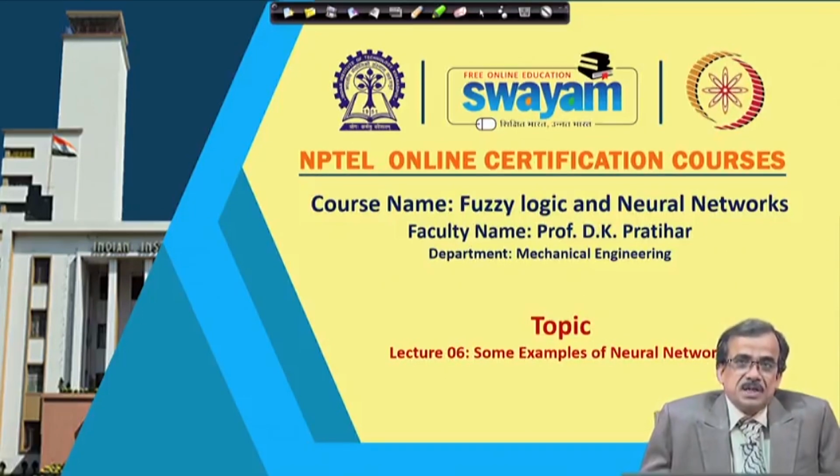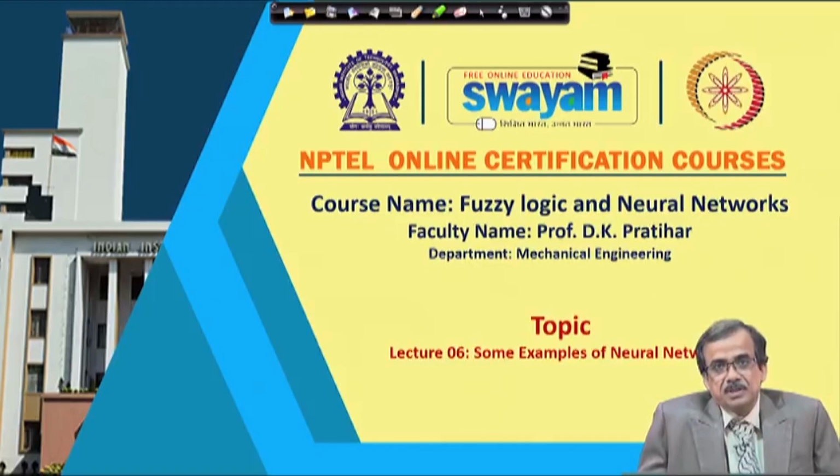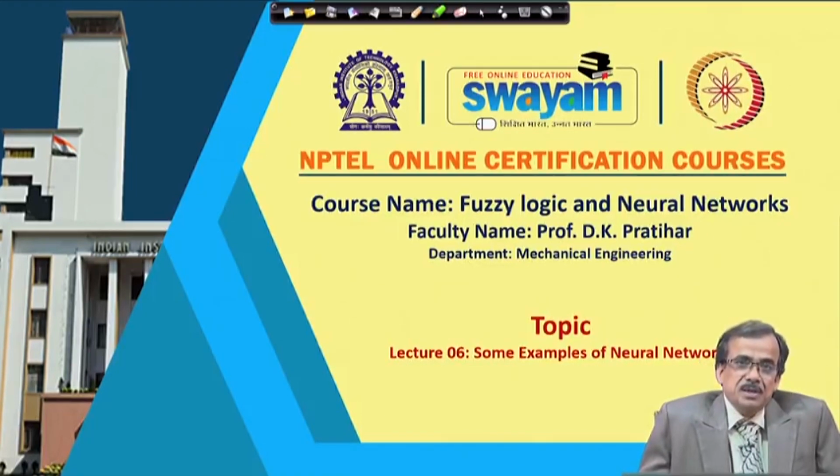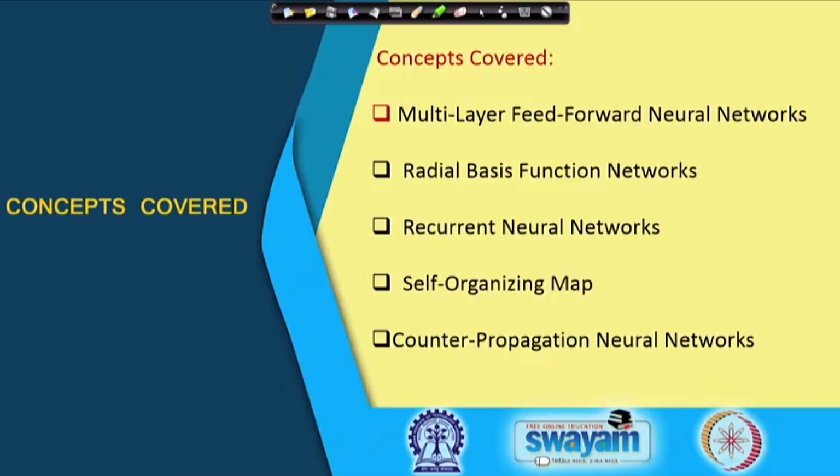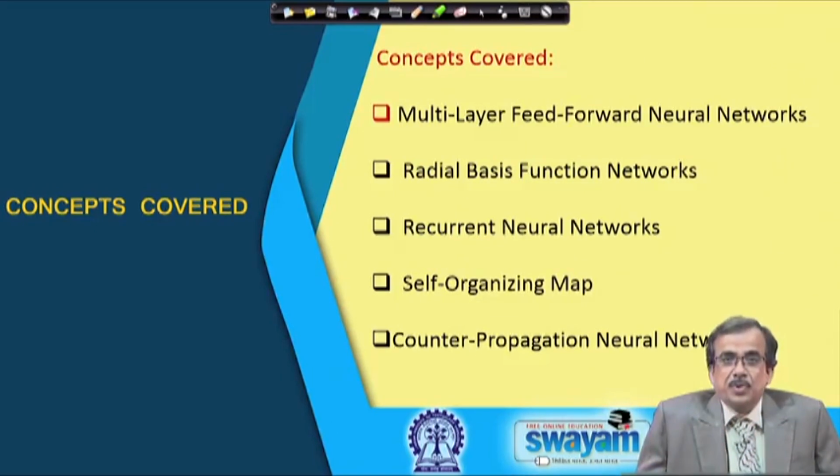We have also discussed how to form a layer of neurons, and we have also seen how to design a particular structure of artificial neural networks. Now, we are going to discuss some of the very important and popular neural networks. So, we are going to concentrate on the working principle of a few networks.